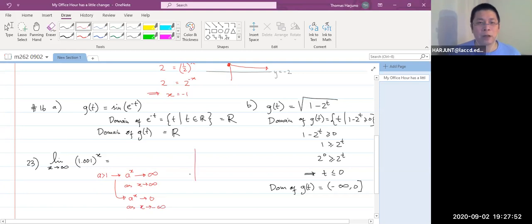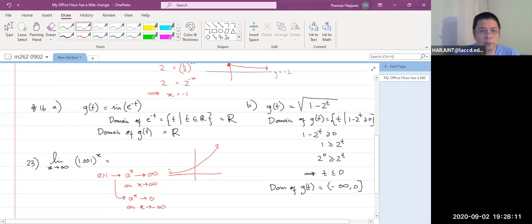Basically, the graph actually looks like this because the base is greater than 1, so it will be increasing. Maybe it's very, very slow in increasing, but it is increasing regardless. So when you go very far to the left, the limit will be 0.